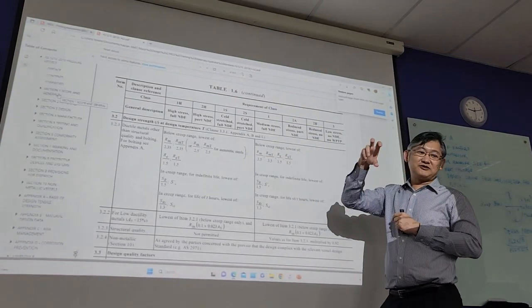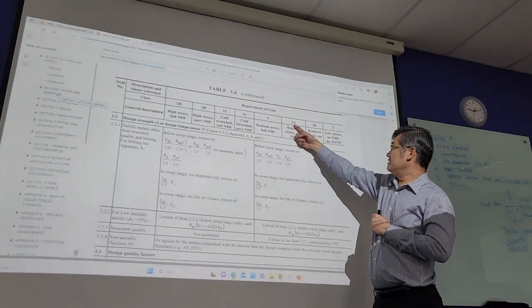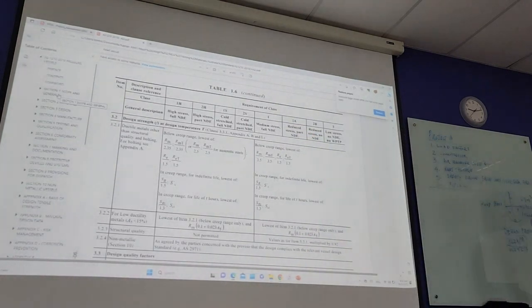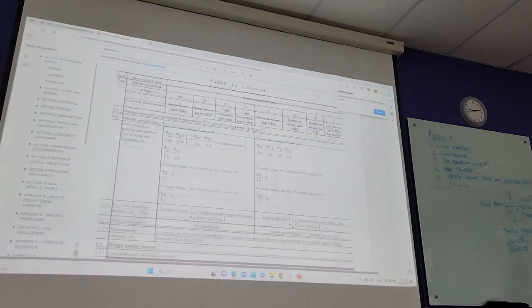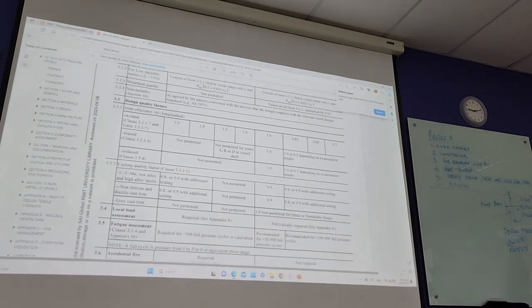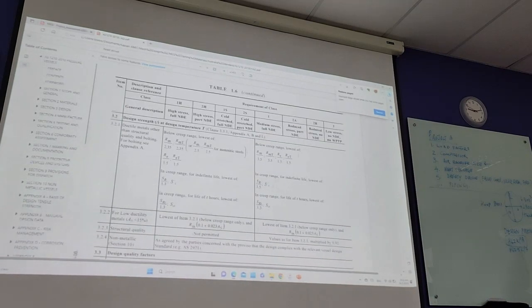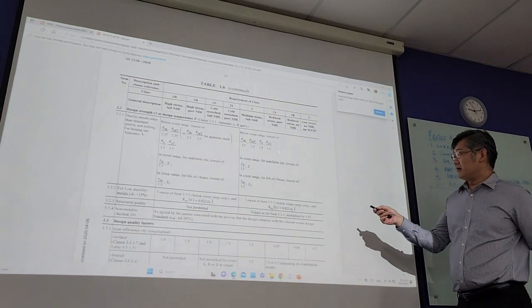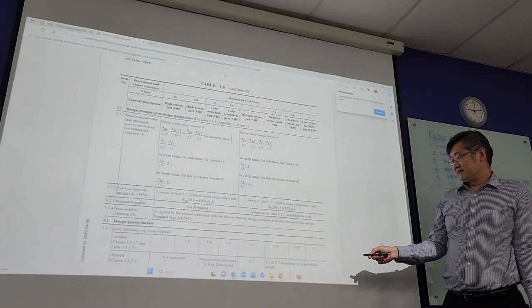But now question one is the weld efficiency. So follow this column here, 2A, and we take row 3.3.1. If you read this one, you can see clearly under 2A, what is the weld efficiency? 0.85.